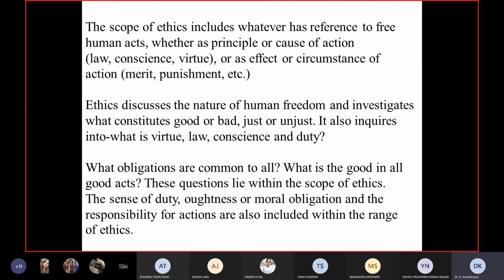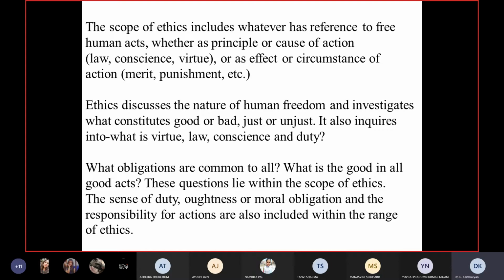It also inquires into what is virtue, what is law, what is conscience, and what is duty, right? Do we have a duty towards our fellow classmates, our fellow citizens, our fellow countrymen? Yes, we have.